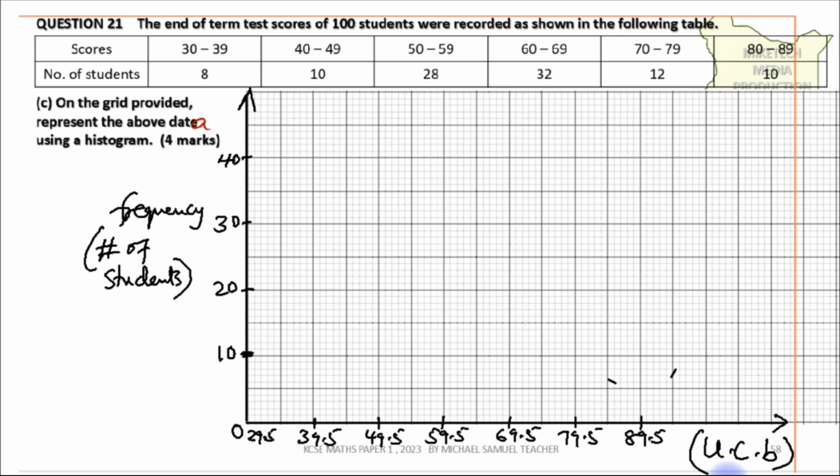Then the other thing is, now we need to plot. So between 29.5 and 39.5, the number of students, the frequency, is 8, and one small square represents one student.